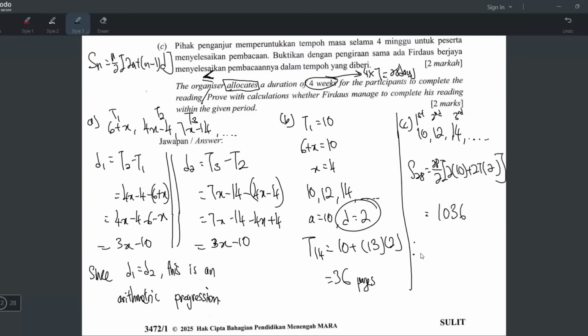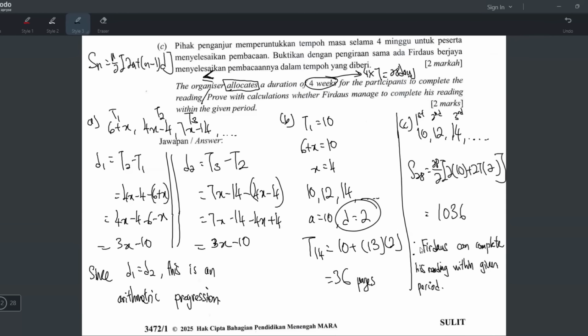But we have to write a sentence. So we can write Firdaus can or cannot? Can, right? Firdaus can complete his reading within given period. And I'll even add one more line to mention the reason.